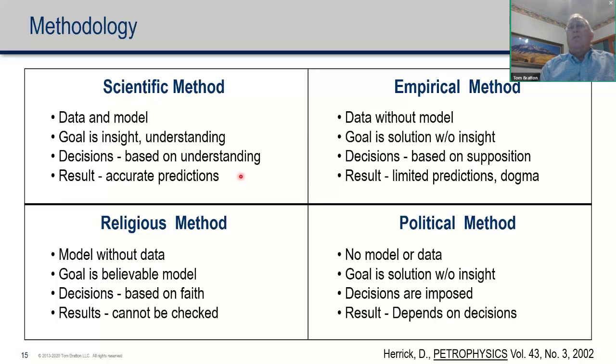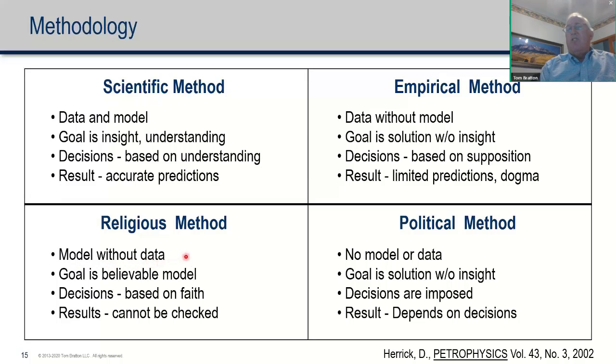But there's other methods that people use, and when you have data without a model, he called it the empirical method. And that's often employed in solving scientific problems. But this one really hit home, model without data.